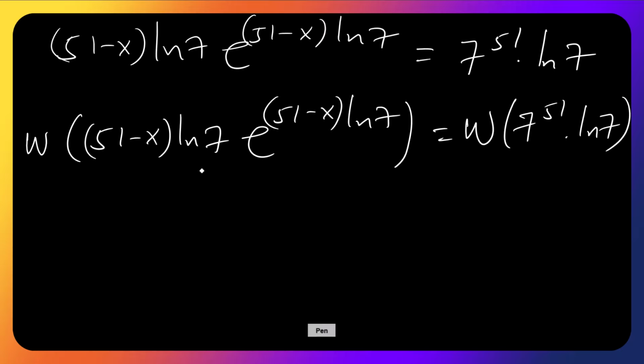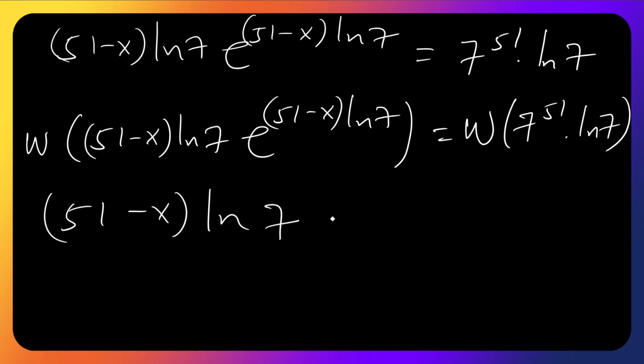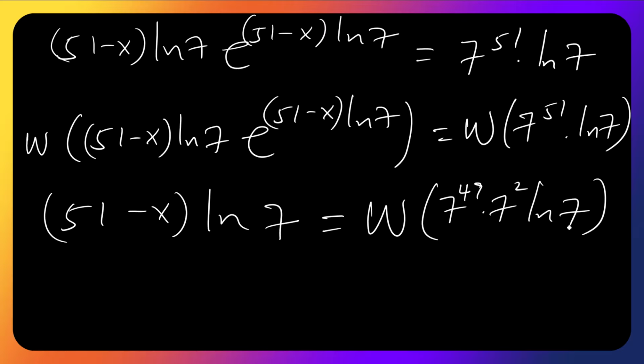From here, the left hand side will be 51 minus x ln of 7 equals the W function. Now let's adjust this one. We can write this as 7 to the power 49 times 7 to the power 2. Now 2 plus 49 is 51, so I've done nothing. ln of 7. So 51 minus x ln of 7.